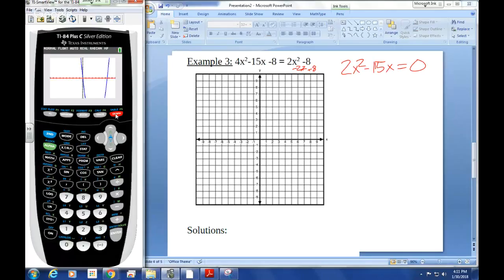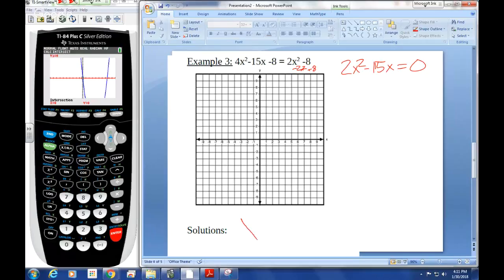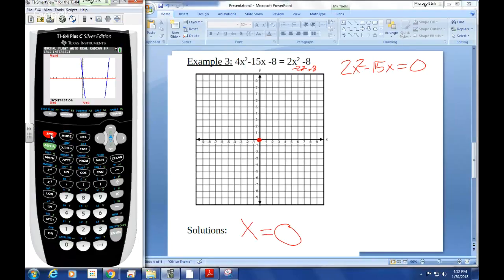So here, again, we're just going to go back to second, calc 5, enter, enter, enter. And it's telling us that our first solution is x equals 0, which means it's going to go through right there. Now we want to look at our other one. So we're going to go with second, calc 5, move it all the way over.